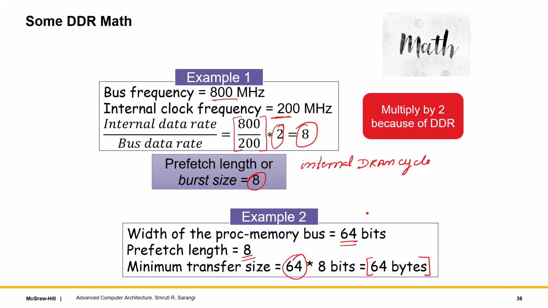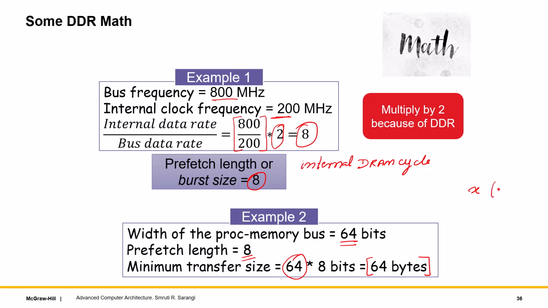So let me explain this once again. The idea is that if you are generating X bits internally, so let's say for every internal DRAM clock cycle I'm generating X bits, and my bus frequency is 800 megahertz and the internal clock frequency is 200 megahertz, then effectively I internally need to generate more bits.